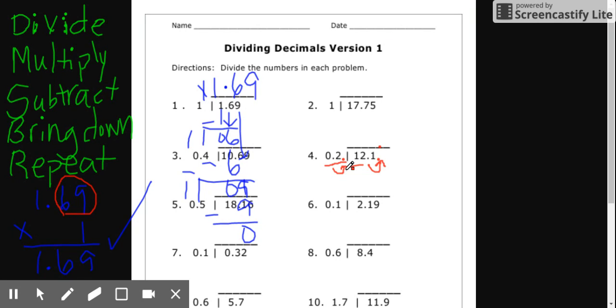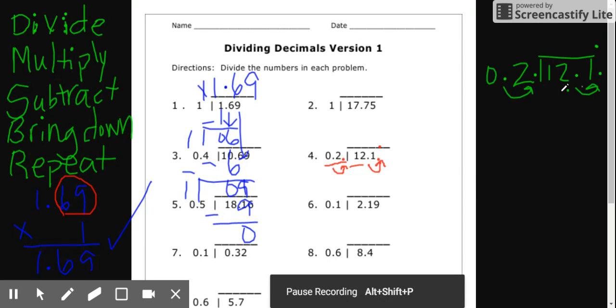I only had to move it 1 time. And so if I look over here to the dividend, then I'm going to have to move it 1 time here. So just remember, however many times I move the decimal in the divisor, I must move it that same amount of times in the dividend. And once I move it in the dividend, then I just simply bring it up just like I did in number 1. And then I can proceed to divide.